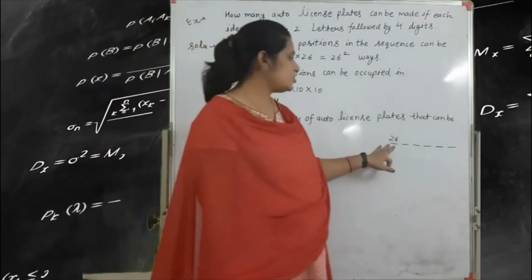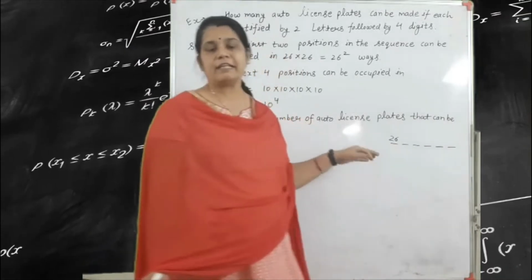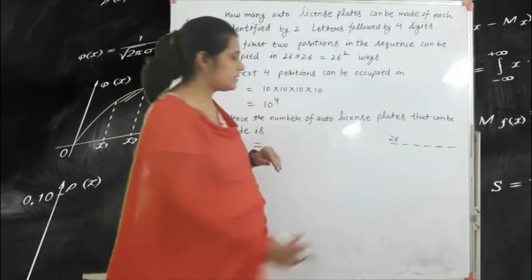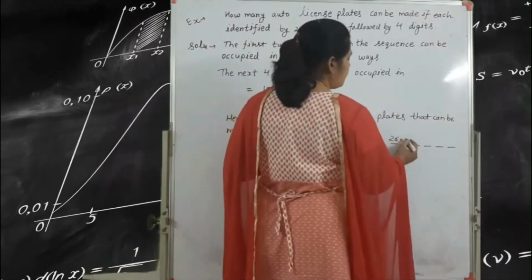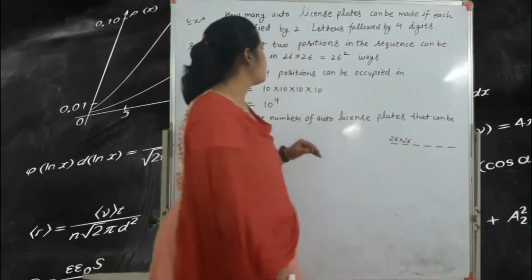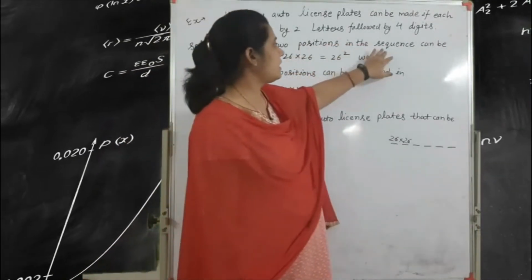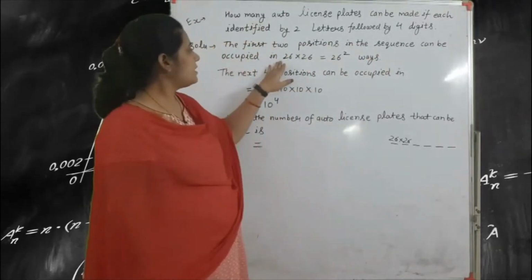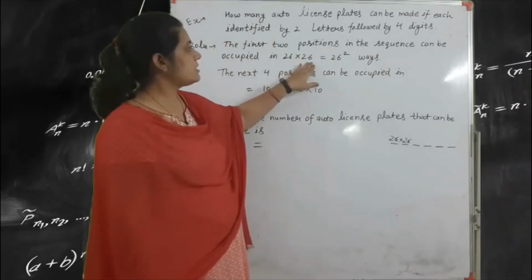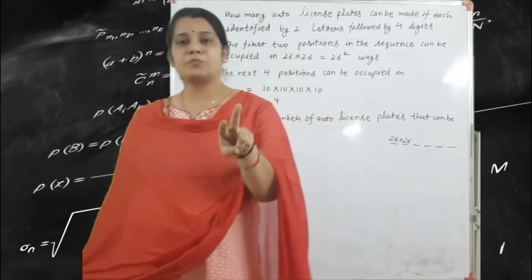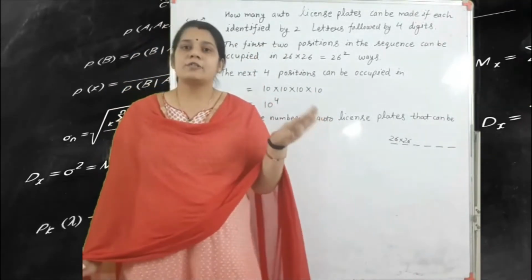So the second position also has 26 alphabets. We write 26 here. That means the first two positions in the sequence can be occupied in 26 into 26, which is equal to 26 squared ways.